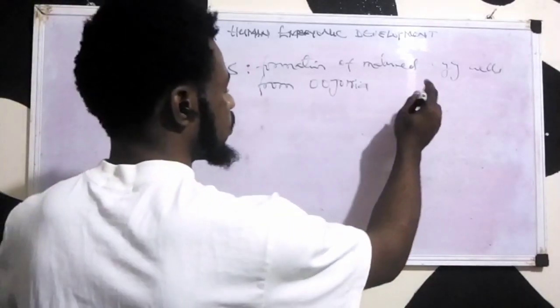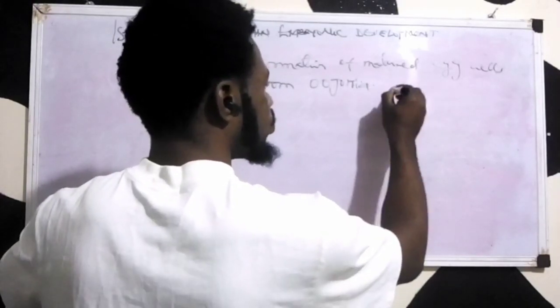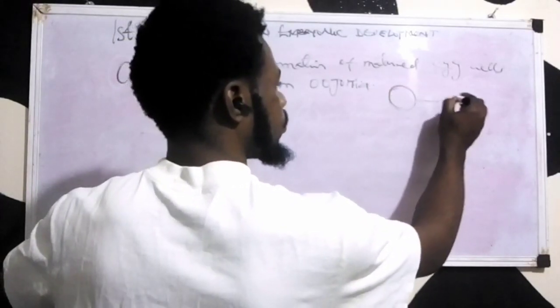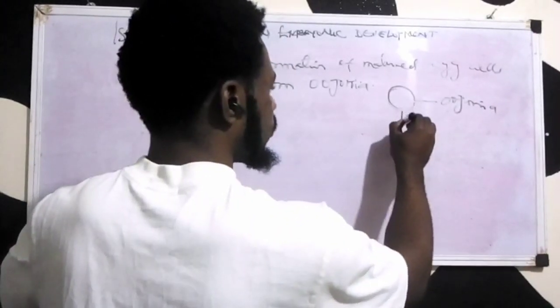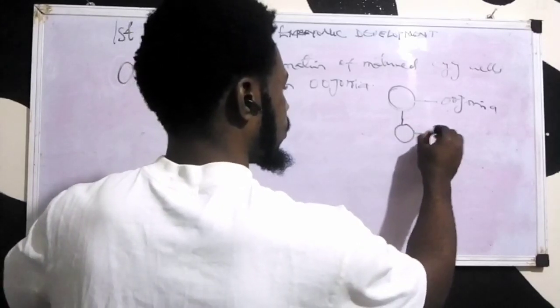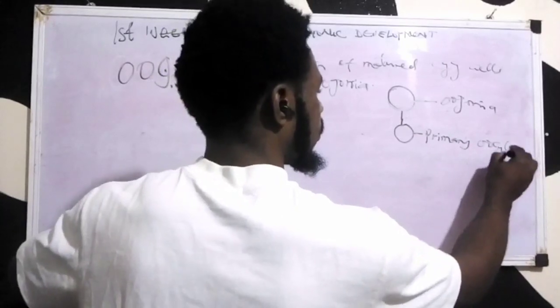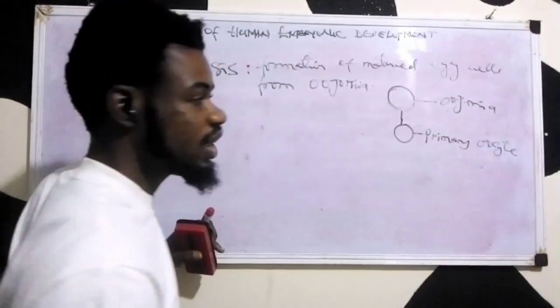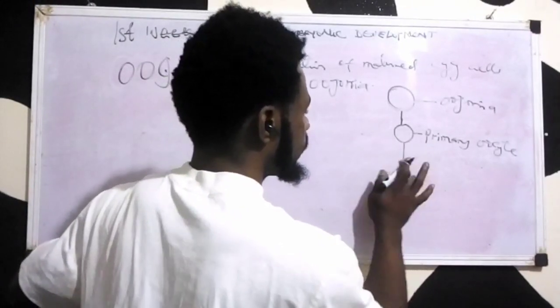And that is how it happens. It starts with the oogonia, to give rise to primary oocyte. That's an immature egg.